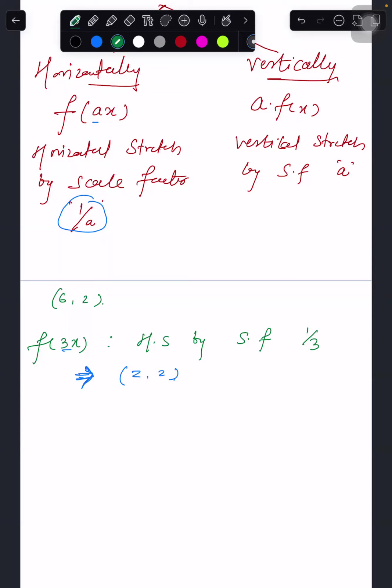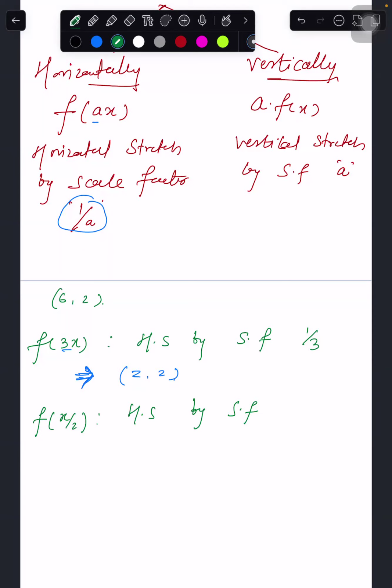Let's write the next. The point is the same again, 6, 2. If I write f of x by 2, again it's a horizontal stretch. How do I know? Because the number is inside the bracket. So horizontal stretch by scale factor what? 1 upon 2 is already there. In case of horizontal, you take the reciprocal of it.